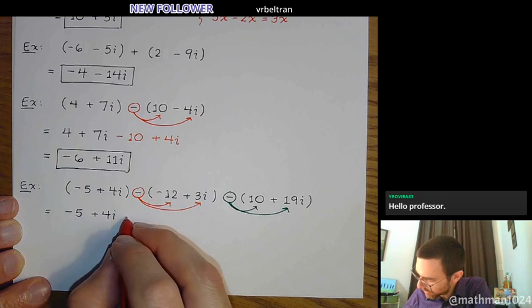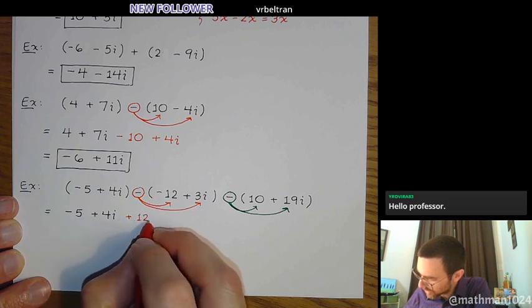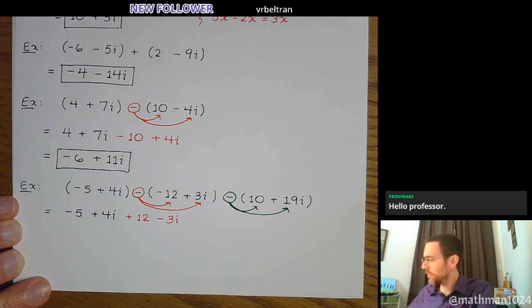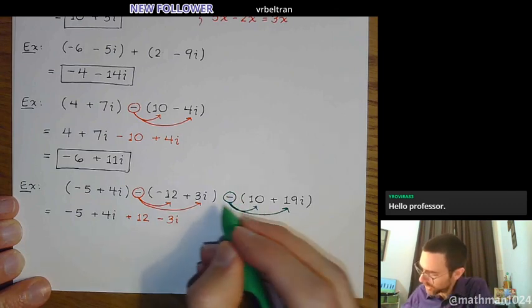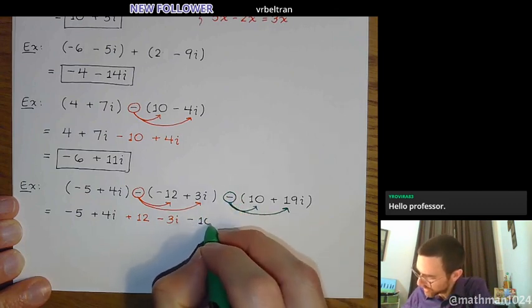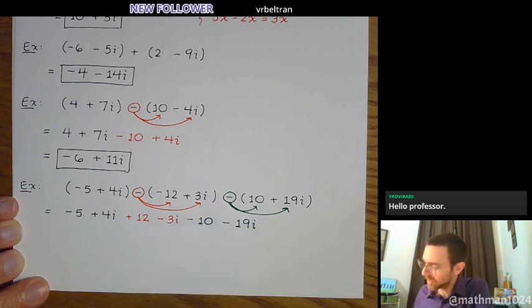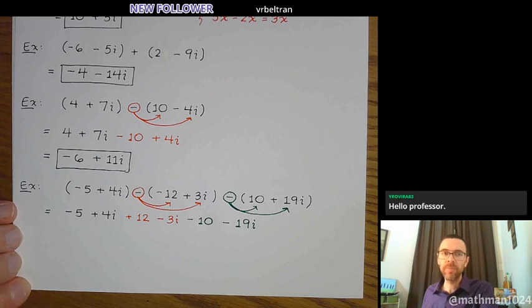This now becomes a plus 12 and minus 3i. Distribute here, we have negative 10 minus 19i. So we have 6 terms, but it's still just a matter of combining like terms.